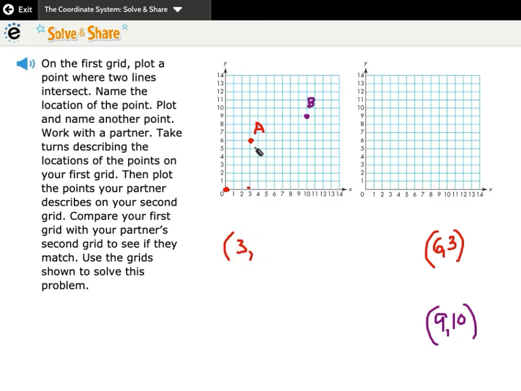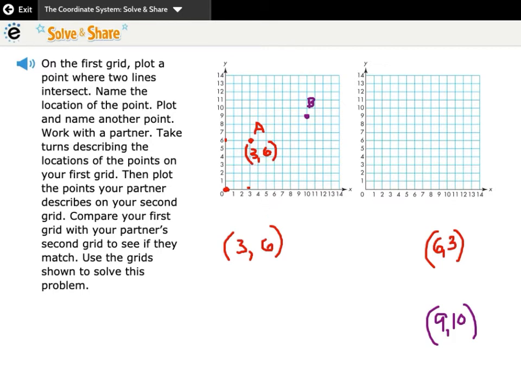And then on the y-axis, it's at point 6. So meaning in the y, it is point 6. So the ordered pair here should be 3 in the x and 6 in the y. This is the correct way of naming point A.